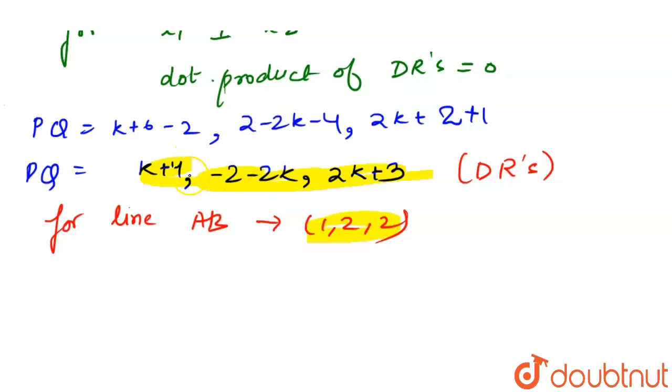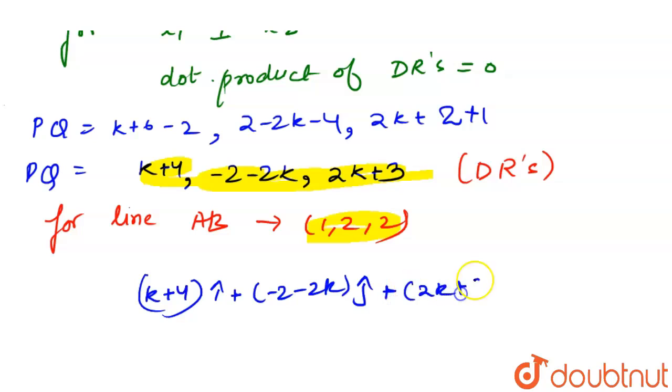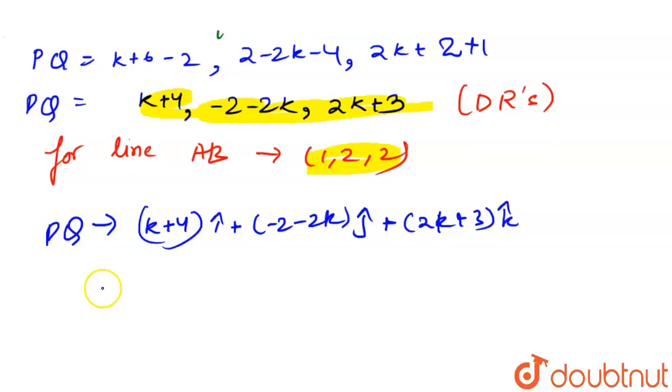So this is (k + 4) i cap plus (-2 - 2k) j cap plus (2k + 3) k cap. This is the representation of the direction vector of line PQ. And for AB, it will be i cap plus 2 j cap plus 2 k cap.